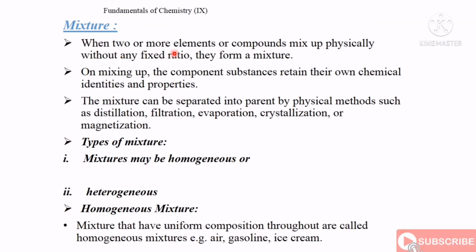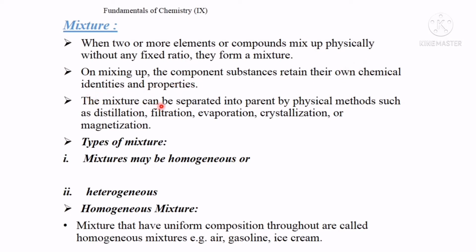When two or more elements or compounds mix up physically without any fixed ratio, it is known as a mixture. On mixing up, the component substances do not lose their identities with their chemical properties, but retain their own chemical identities and properties.